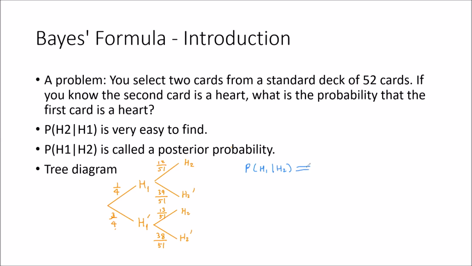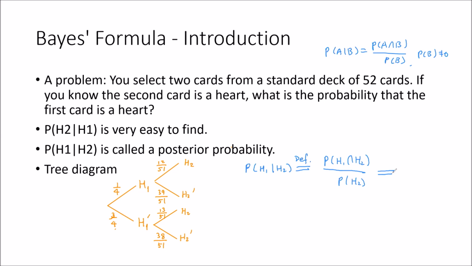Based on the definition of a conditional probability, usually we say the probability of A given B is the probability of A intersect with B divided by the probability of B. Okay, that's the definition, provided that the probability of B is not equal to 0. So we're going to use the probability of H1 intersect with H2. Sometimes the intersection notation can be neglected. Let's write it anyway.